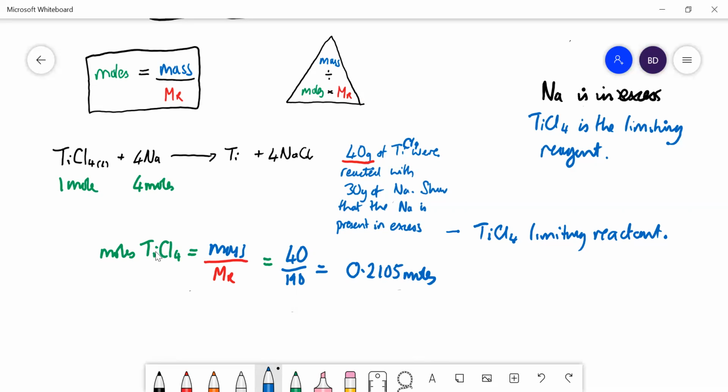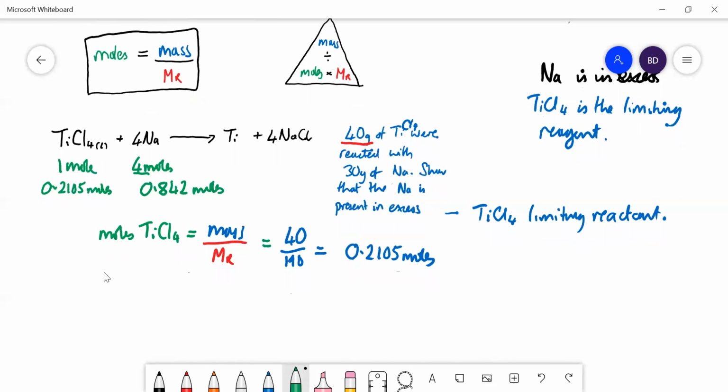Okay, so now we know how many. If 1 mole of titanium chloride needs 4 moles of sodium, then 0.2105 moles are going to need 4 times that, which is 0.842 moles of sodium. Let's work out the mass of that much sodium.